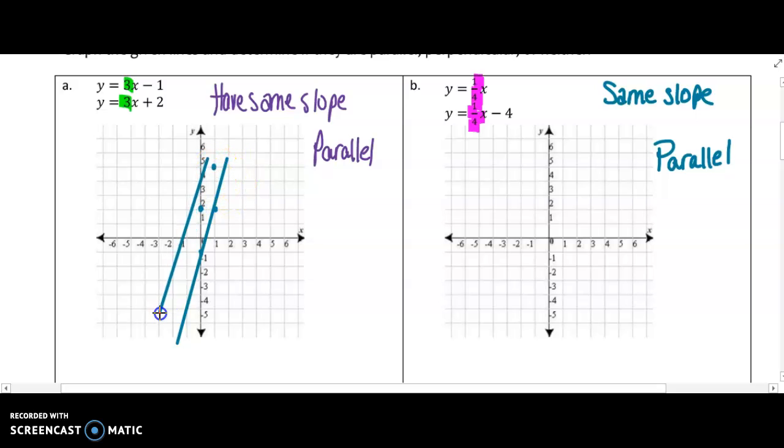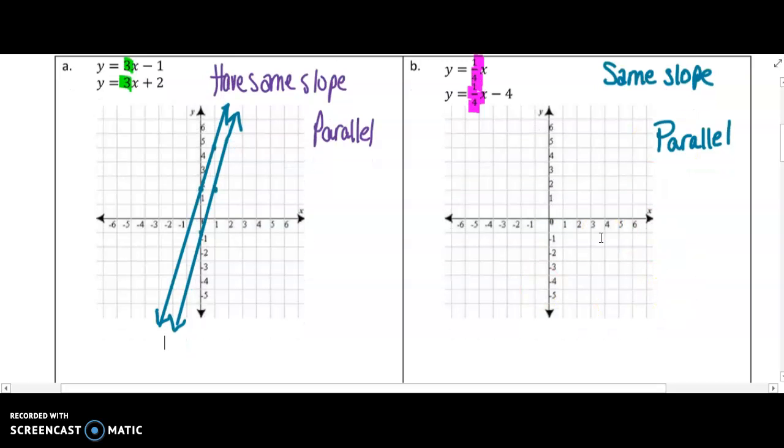Yeah, it's not going to be pretty there either. There, they look parallel. They don't really look parallel, but they are parallel because the slopes are the same.